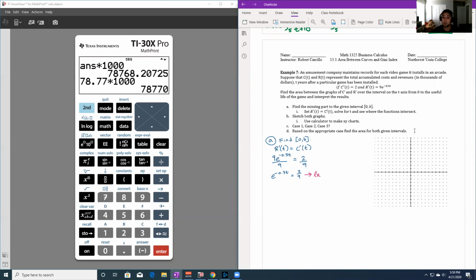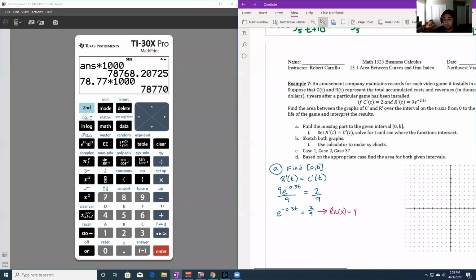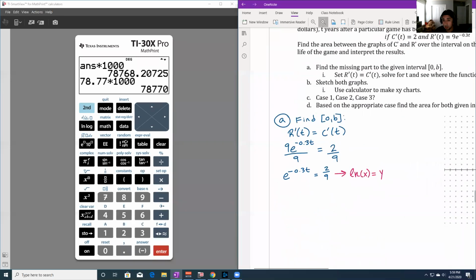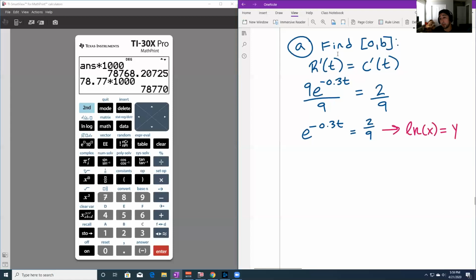The natural log of x equal to y. Well, with that being said, let me zoom in a bit for you. You're going to need to see this because I'm going to erase it.